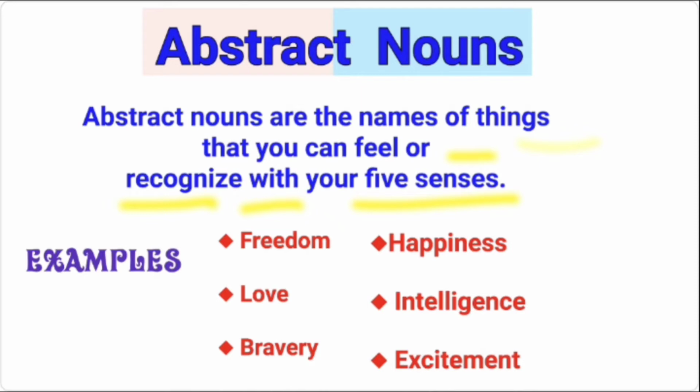We can only feel them, as freedom, happiness, love, bravery, intelligence, excitement. We cannot count the abstract noun because they are abstract. It means we cannot see them, we can only feel them. So they are called abstract nouns.